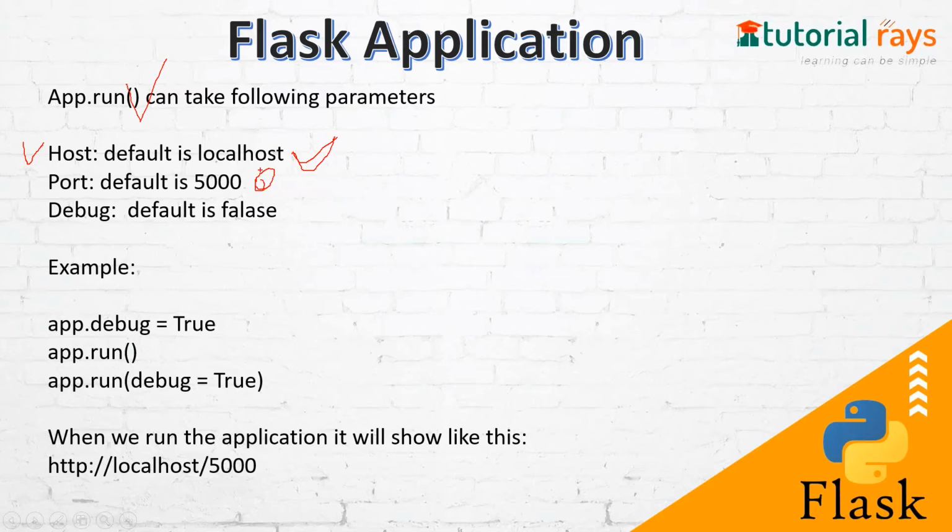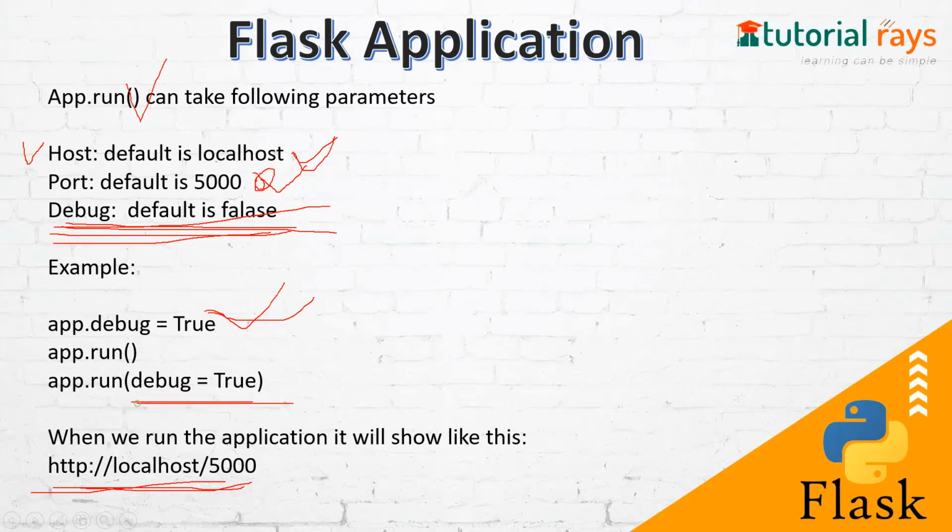For example, if you put port number 5000, that means it will show you something like this: localhost slash 5000, which is the port number. And debug mode is false. That means it will not show the debugging information. If you keep it true, you can write something like this: debug true. That means if there are any errors, it will show them.